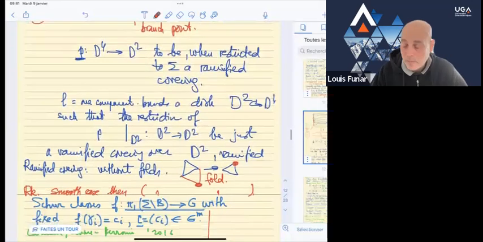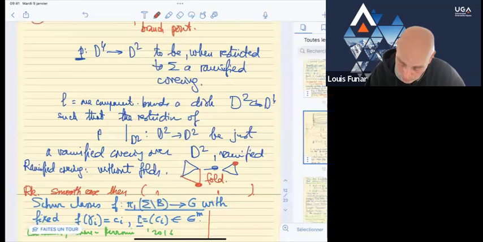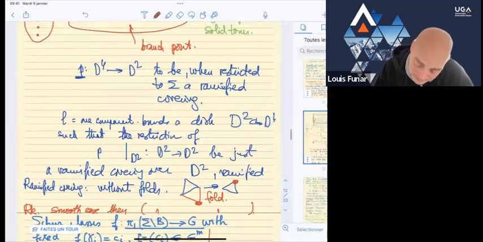Here you need to have some fold. So that's the reason to get, and here you have also two things. This is the PL case, the PL locally flat.